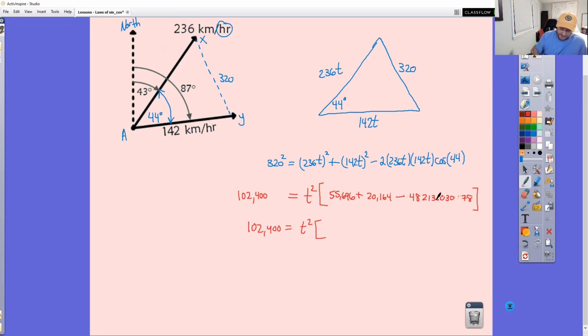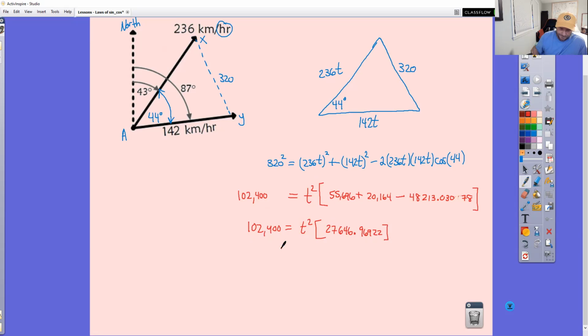So 236 squared, cosine 44. So that was 27,646.96922. So now divide both sides by that.